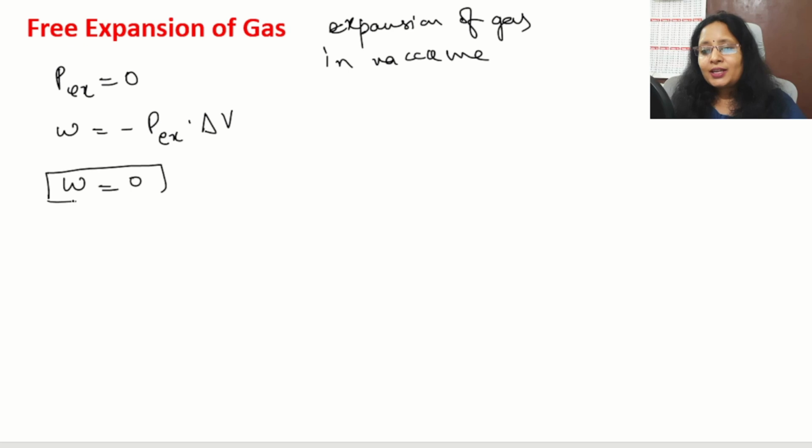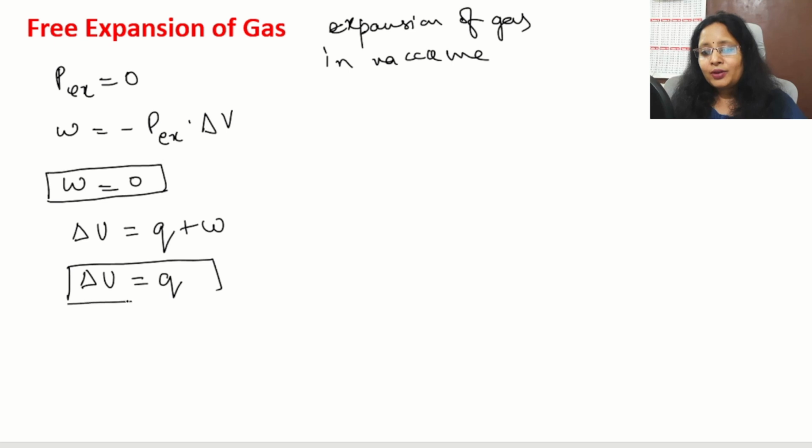Okay, so we can say when there is a free expansion of gas or there is an expansion of gas in vacuum, the work done is 0. Now what about internal energy? Since delta U is equal to Q plus W, in free expansion W is 0, then internal energy only depends on the heat transfer. And one more situation will be there at constant volume.